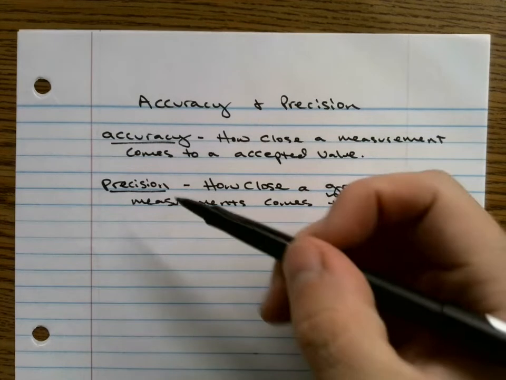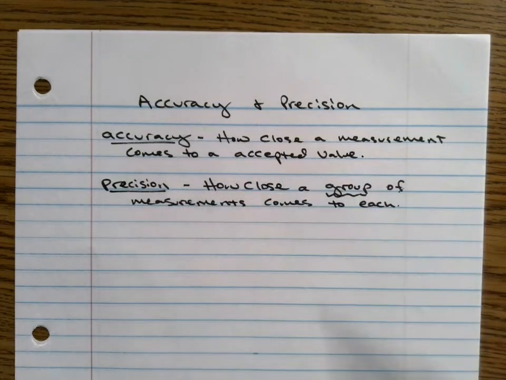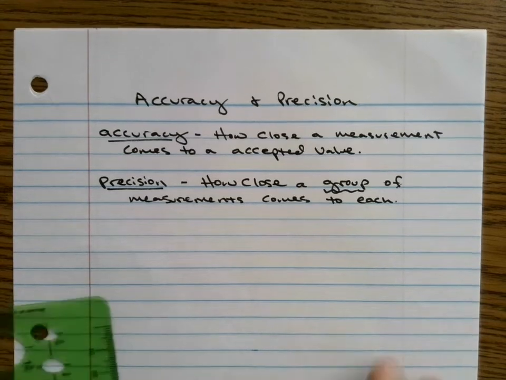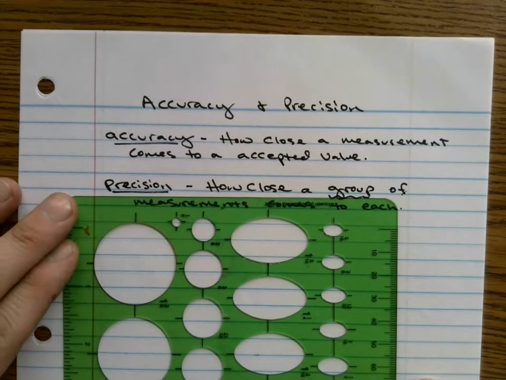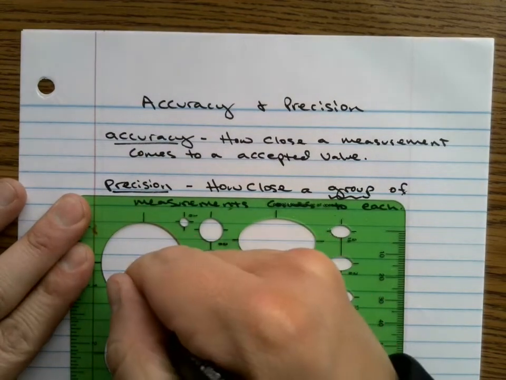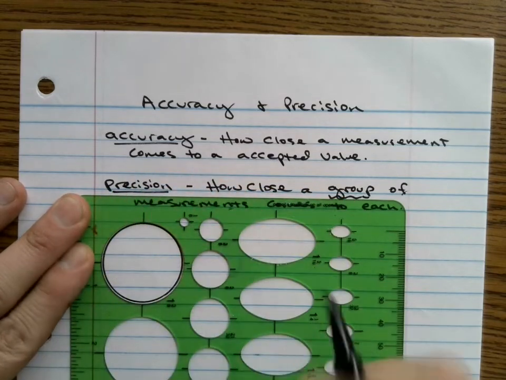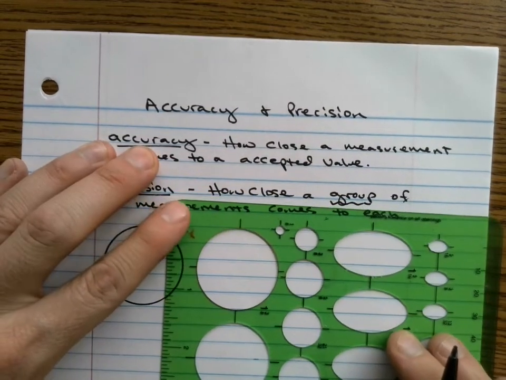Okay, there's a balance between accuracy and precision when we're working in the lab. So what I'm going to do is draw some circles. We're going to model these so we have something to go off of. I'm going to draw some targets. I'm going to draw 3.